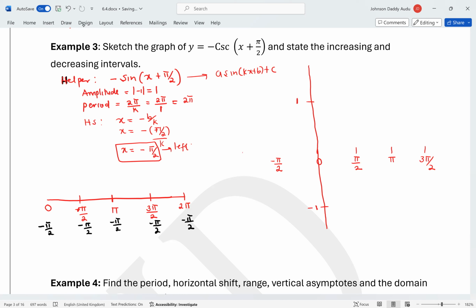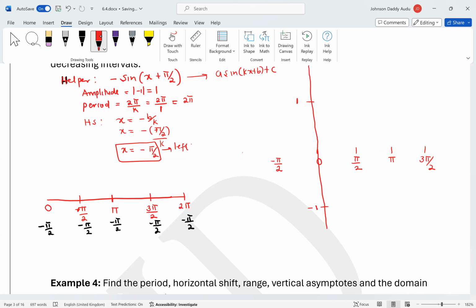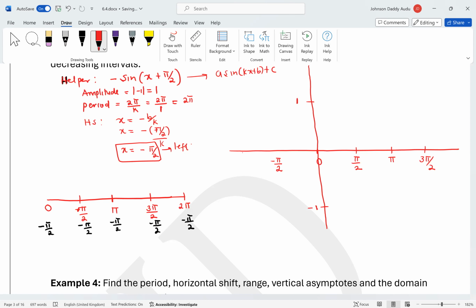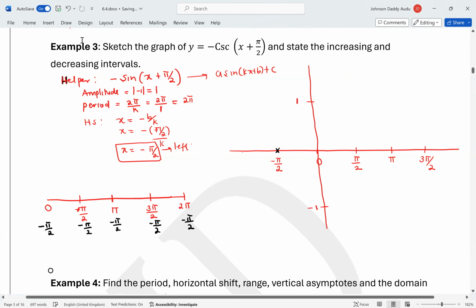We're going to start from 0. So this is going to be 0 here. Then sine 0, now we have to go to the maximum, which is, okay, now let me stop here.